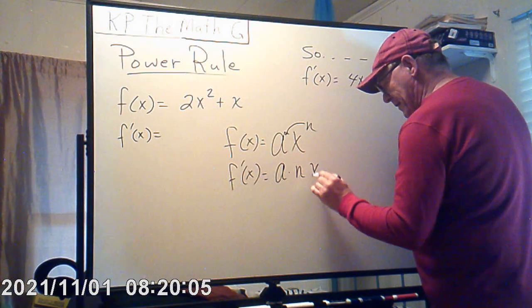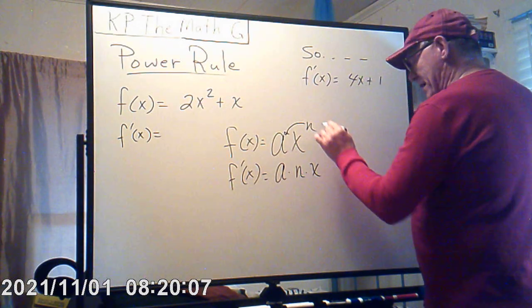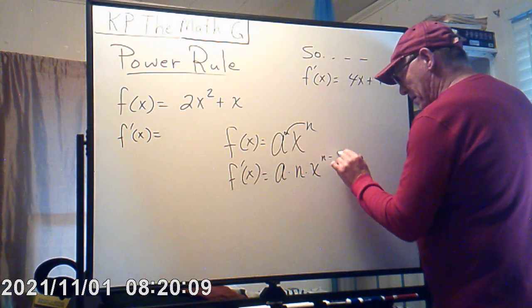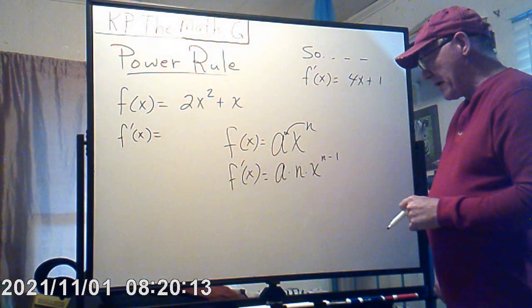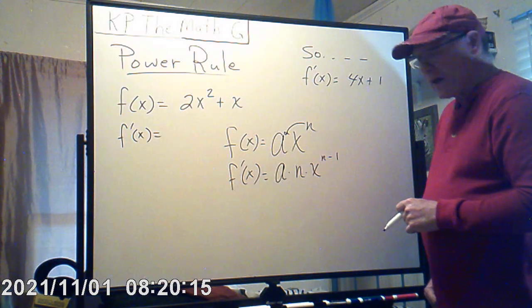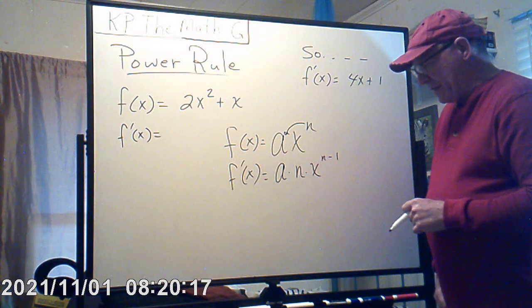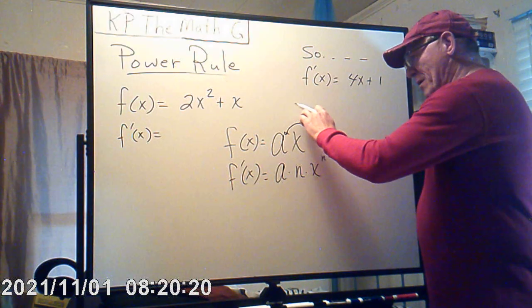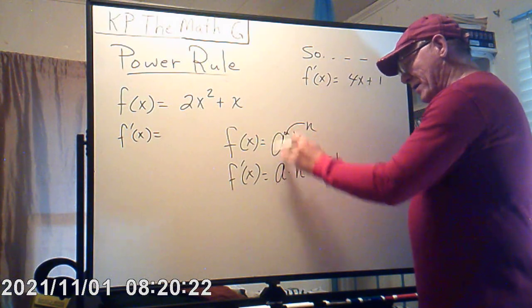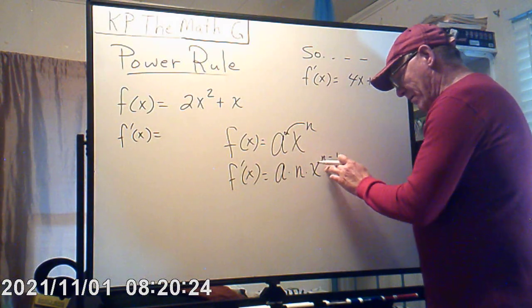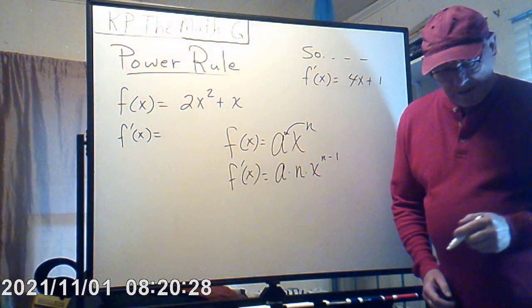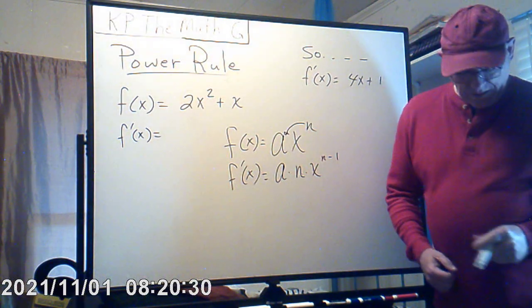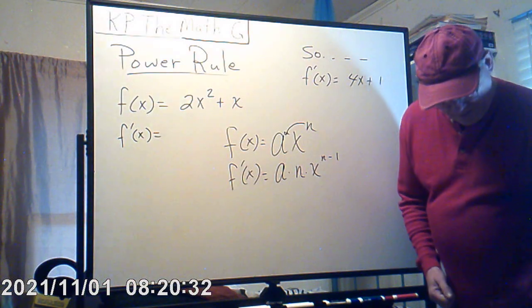We're still going to keep x, and we reduce the power by 1: n minus 1. We're going to take the exponent and multiply it by the coefficient, and then we're going to reduce the exponent by 1. Well, let's see what that looks like over here.